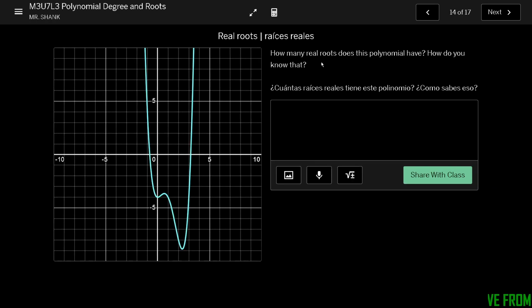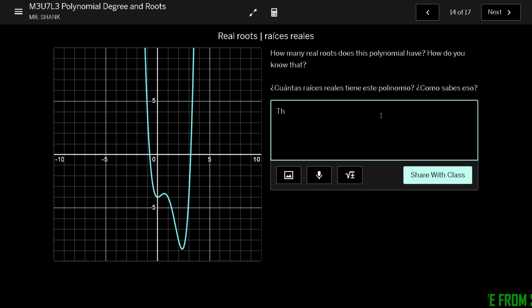Then we're going to say, okay, if we're looking at that, how many real roots does this polynomial have? And how do we know that? So I say, how many real roots? Let's say this polynomial has 2 real roots because it hits the x-axis in 2 different places.